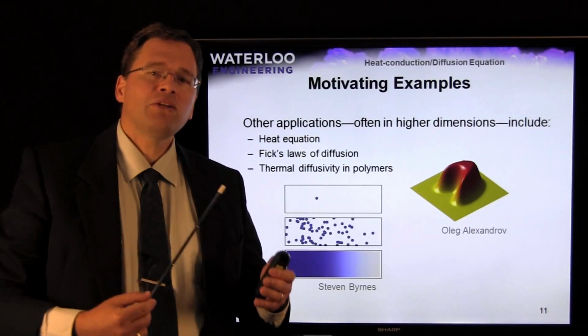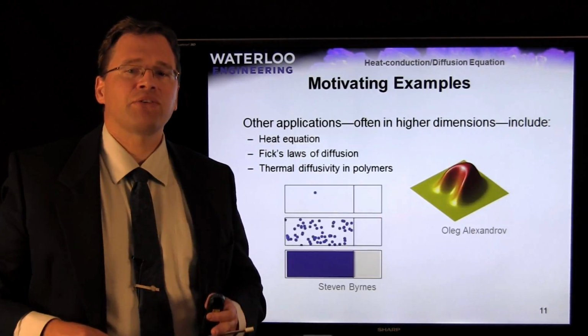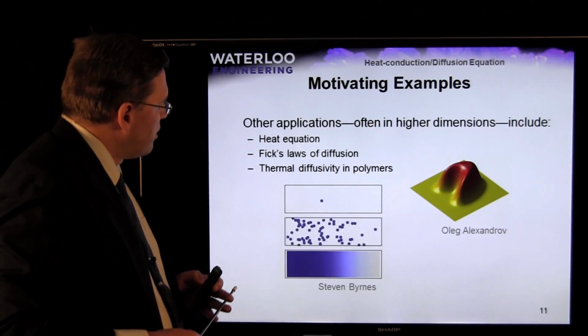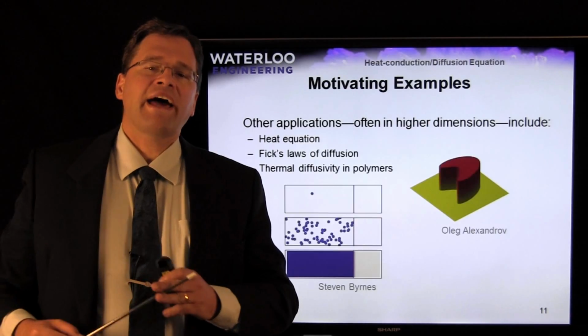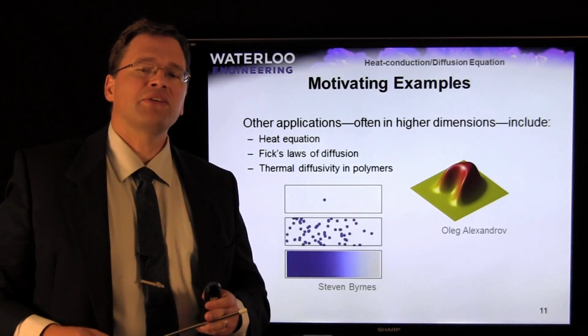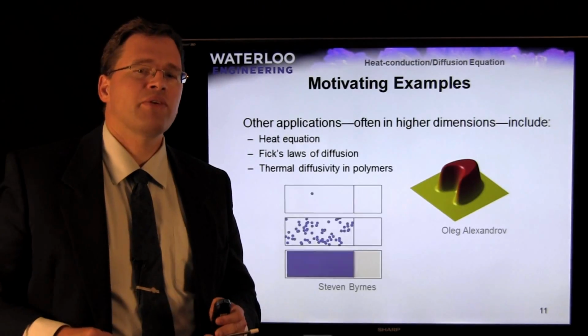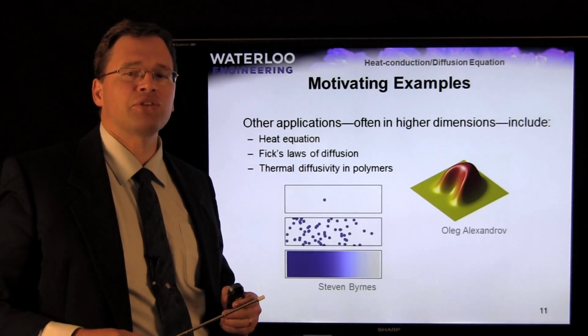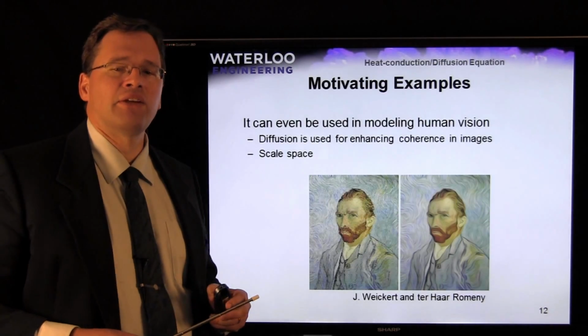As you increase the number of atoms to the level of, say, Avogadro's number, you can essentially approximate all of these atoms and molecules and their interactions by continuous functions. That's essentially a summary of how we get the heat conduction diffusion equation. However, you're going to derive that much more thoroughly in your courses.